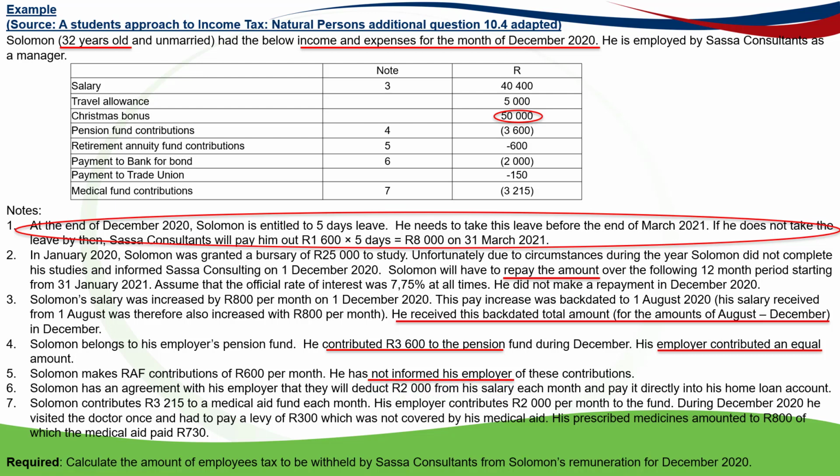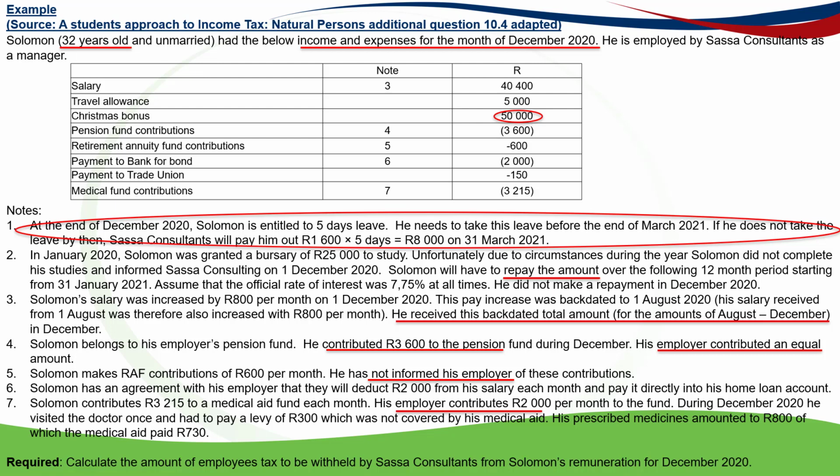Solomon has not informed his employer of his retirement annuity fund contributions, and therefore his contribution will not be considered as a deduction in his employee's tax calculation. The employer's contributions to Solomon's medical aid fund will be remuneration as they are a taxable fringe benefit.